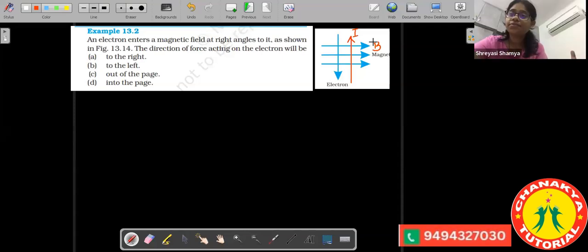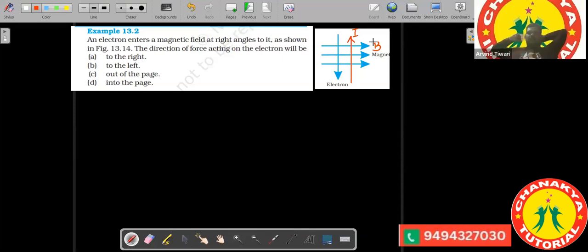Sir, to the left. No, it's not left. It will be perpendicular to both of them, so it will be either out of the board or into the board. These are the two directions which are possible. With your left hand, arrange your current like this, and then rotate your hand.